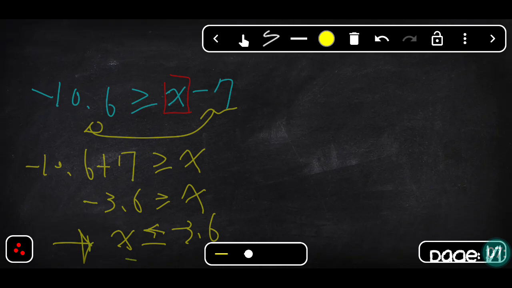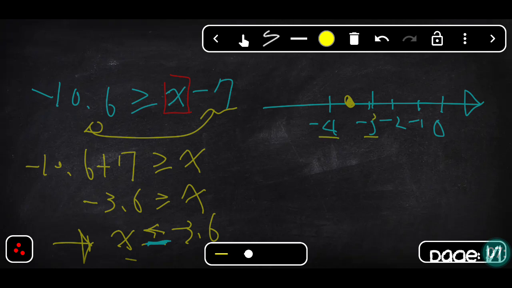Okay, again, draw the number line. It's 0, negative 1, okay, negative 2, negative 3, and negative 4. Since there is an equal sign here, so we should draw a solid endpoint. The solid endpoint should be here in the middle of negative 3 and negative 4, right?